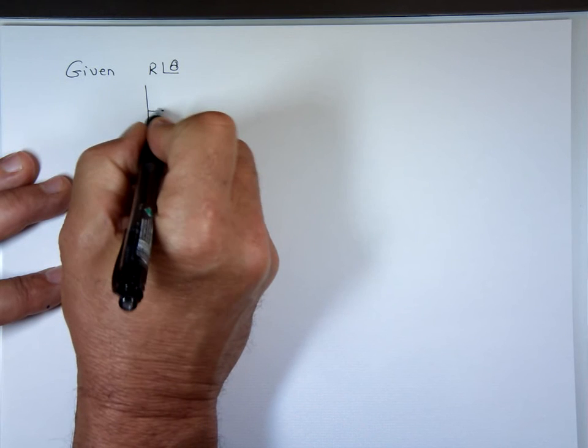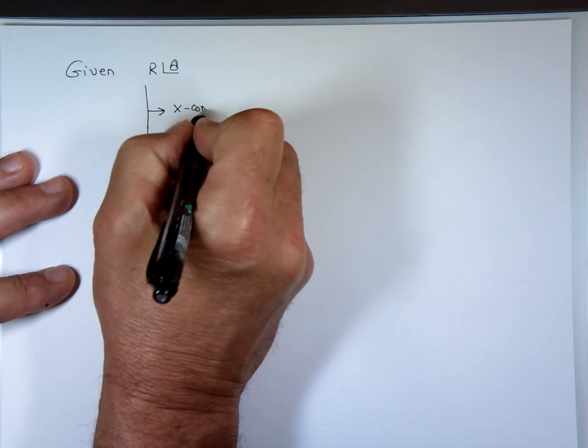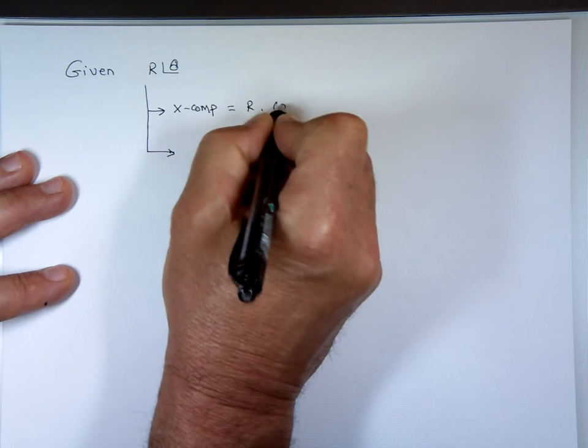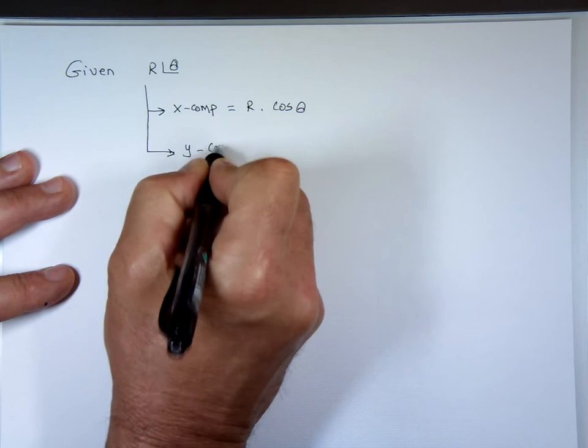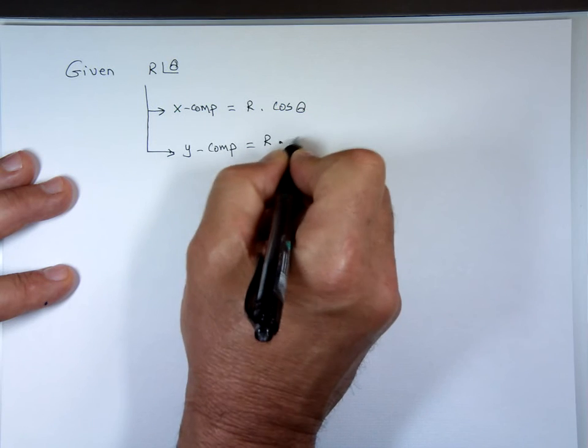The x component is always equal to r times cosine theta, and the y component, it's always equal to what? R times sine theta.